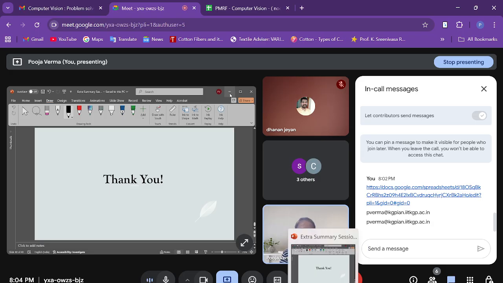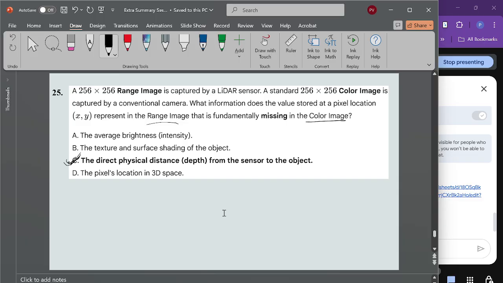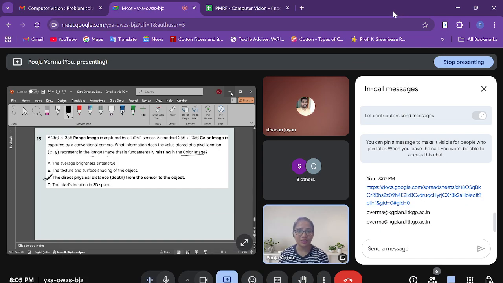If you see the last question here, this is also a very conceptual question, related to range image processing as well as color image processing. It is a very basic question: what is the difference between the range image and the color image, what information is missing in the color image and what information is present in the range image. Just remember these basic points.